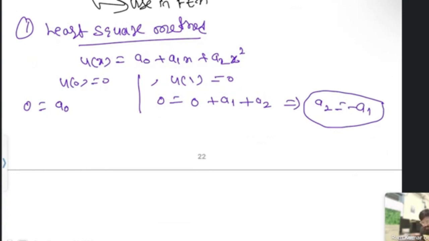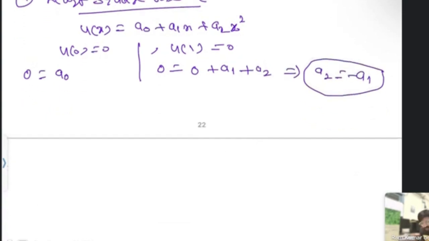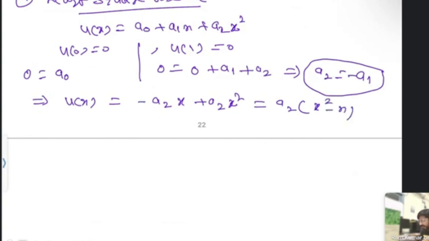Okay, so now we are going to replace. Our u(x) becomes -a2x + a2x². Then I take a2 out as a constant: it becomes x² - x. This is called our trial function.